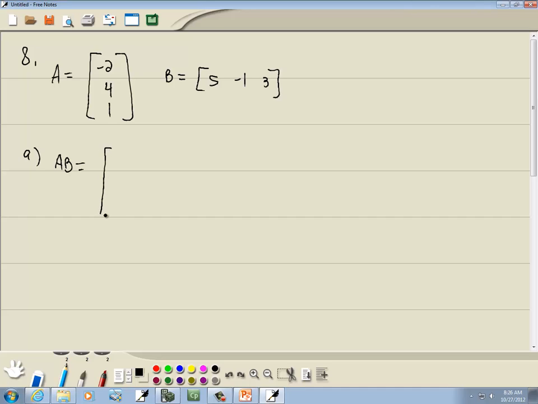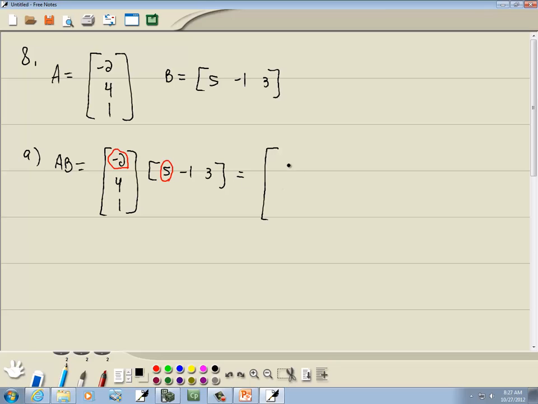Okay, so we got negative 2, 4, 1 times 5, negative 1, 3. This is going to seem weird. We're going to take this first row times this first column.